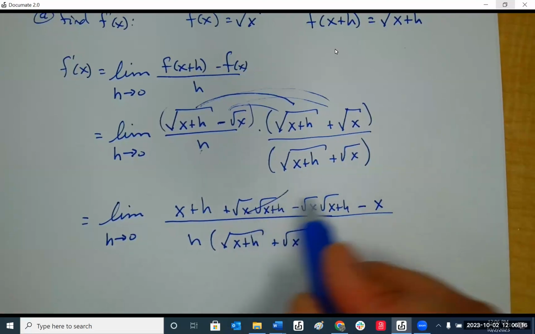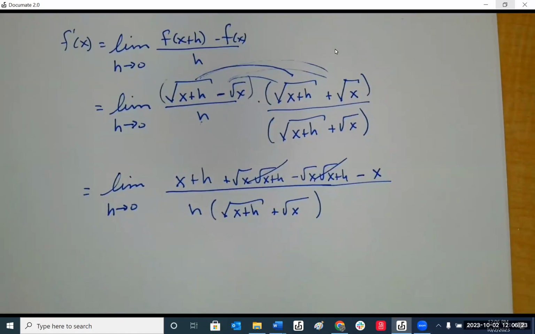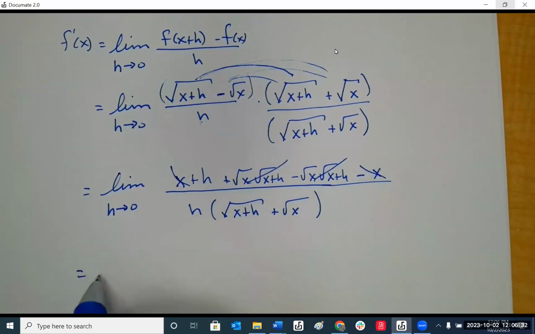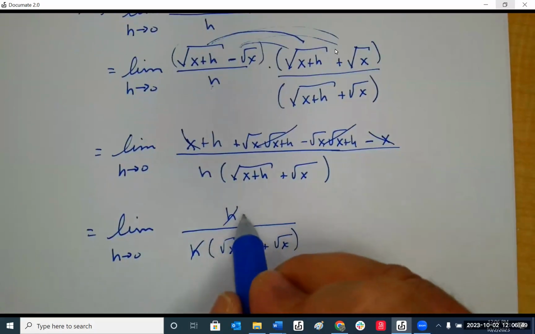Negative x. So the middle terms cancel. What else cancels on top? The x's cancel. So we have a positive h over h times radical x plus h. Yeah, the h's cancel, so we have 1 up on top.